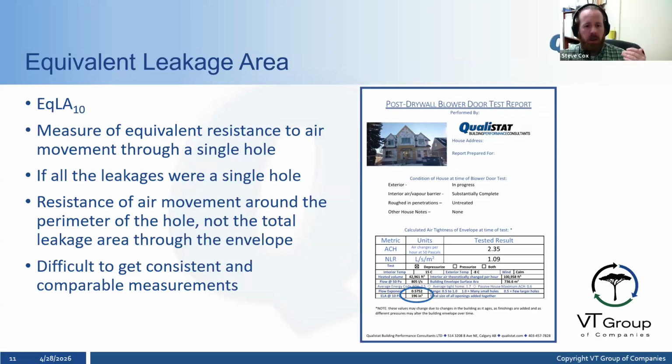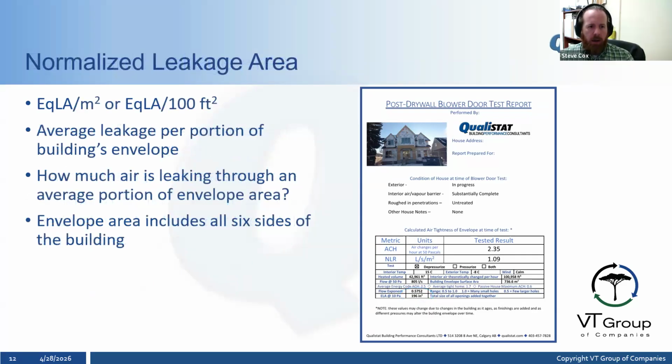So they've made an improvement, but the EqLA is still at that same level, or sometimes it's even higher. So it's a really difficult metric. It's really unreliable in terms of comparing what's happened to the building. So that's a word of caution against using that as a reliable metric, is what that comment is.